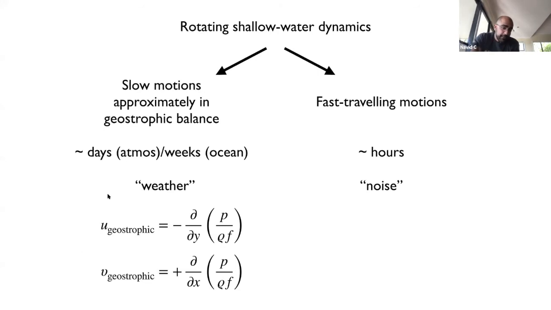And this was very important back in the day when they had the first weather models, because in the 60s, when they started doing the first weather predictions, they were naively trying to solve the shallow water equations or the primitive equations on the sphere.